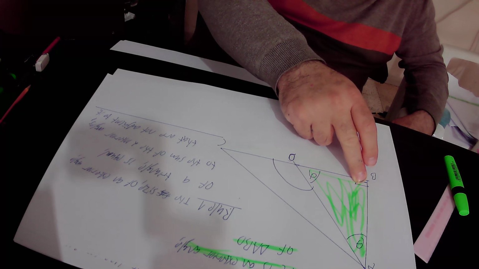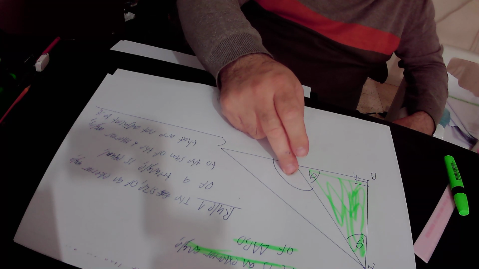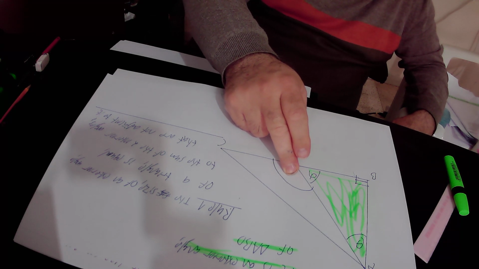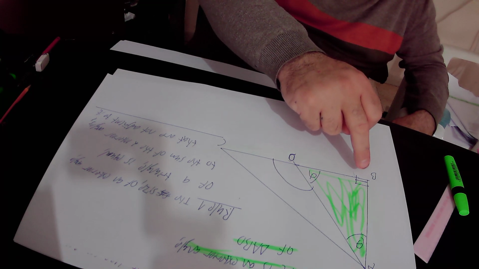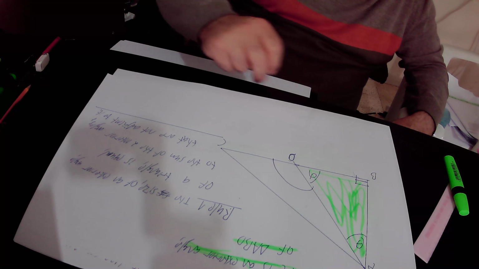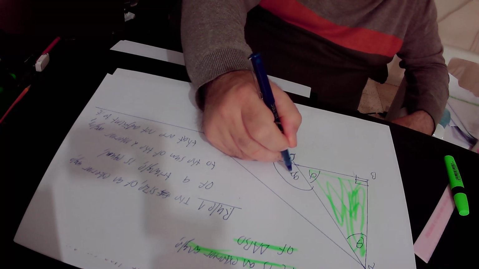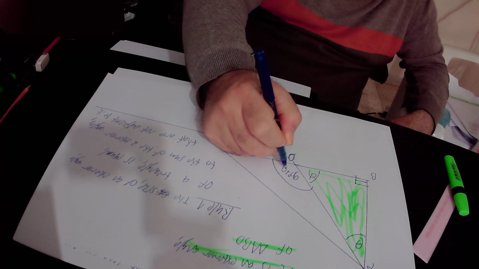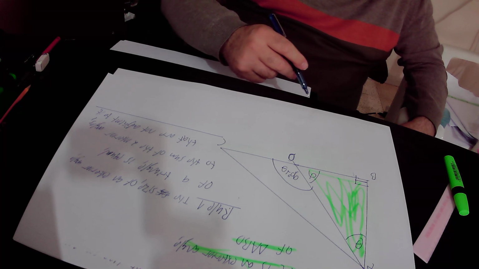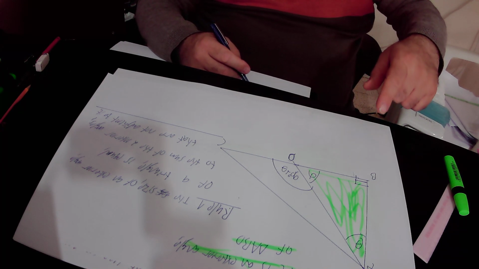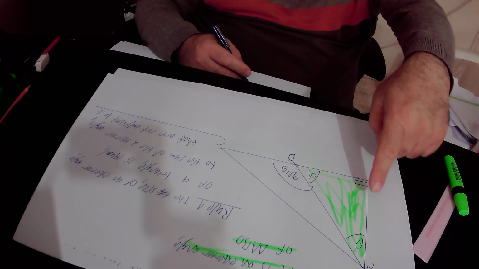So the size of this exterior angle, angle ADC, equals 90 degrees plus theta.